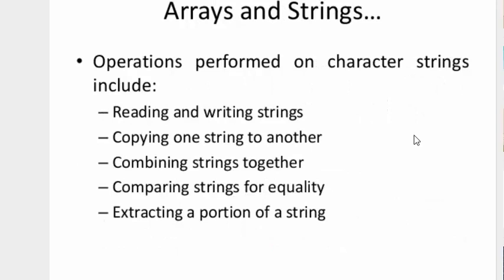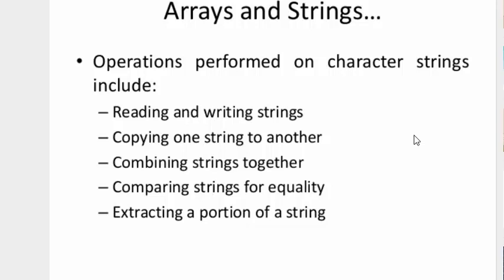There are various operations that can be performed over arrays and strings. So we can take it as an array of characters or a whole string. The various operations that can be performed over character strings are reading and writing strings, copying one string to another, combining two different strings together, that is the merging operation or concatenation, and we can compare strings for equality.